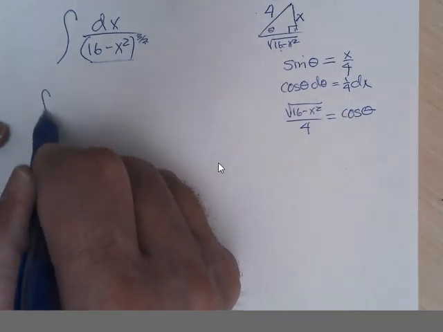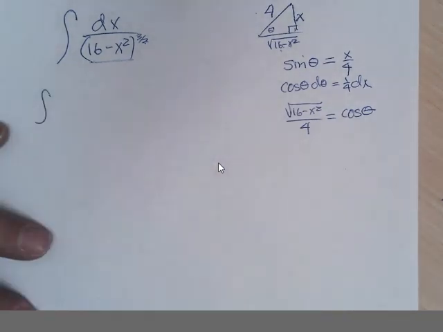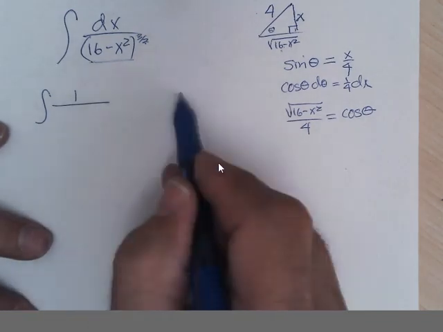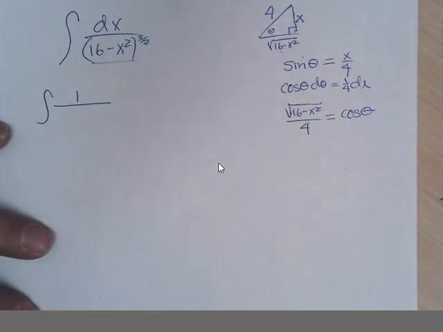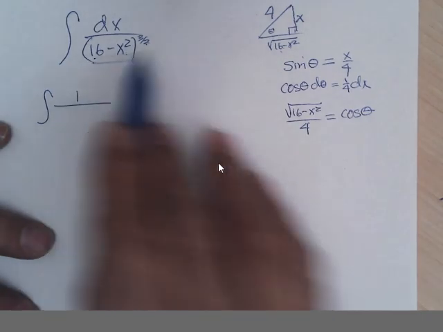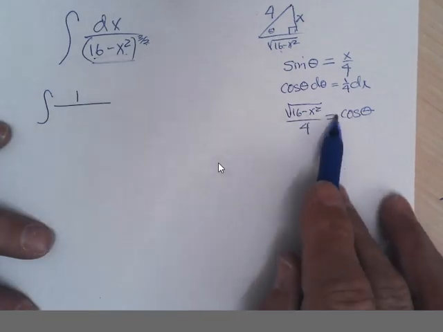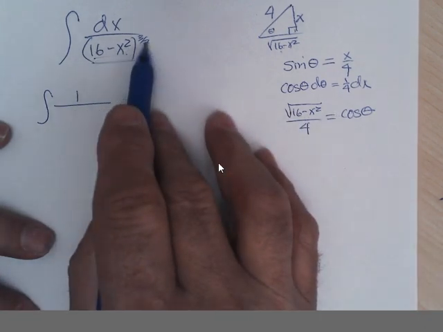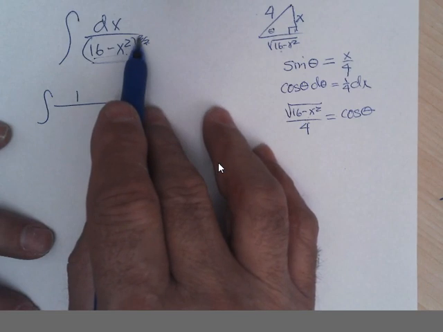So I'll have the antiderivative. I'll put a 1 over this and put the dx out over here. So I got this, which is 4 cosine theta. That would be the square root. And this says square root cubed.